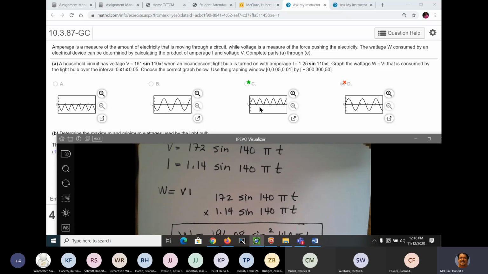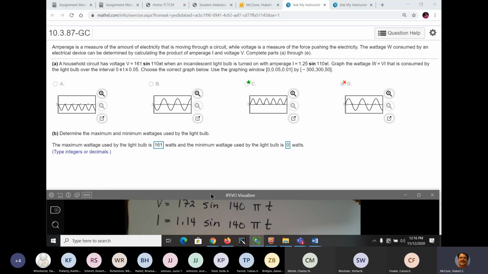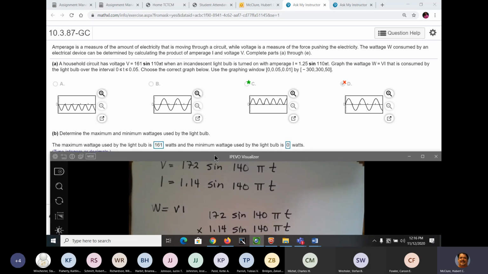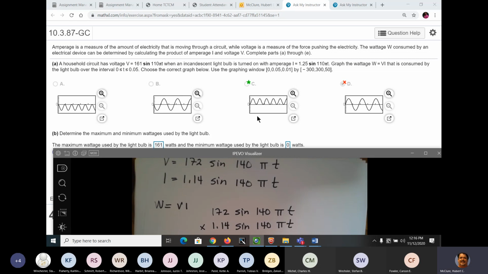And the min is going to be 0. And they also tell you they want you to graph it at these windows. And I'm not going to go through all that. Y'all can do that. Okay. The maximum is going to be at 161, and you can do that when you trace it. The minimum light bulb is going to be 0 watts. So you just have to go to the max, find the max, and of course the min is 0.